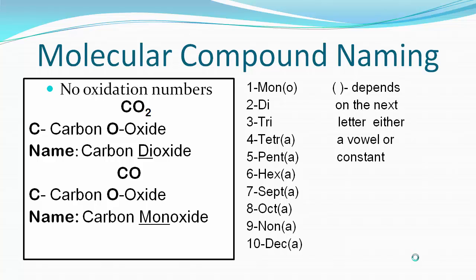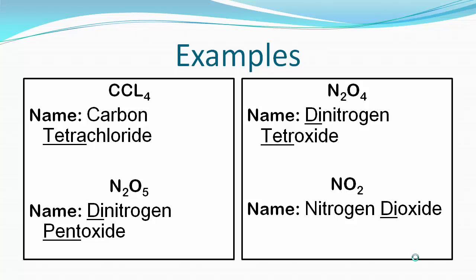So let's look at the other examples that we already did, and we see that di is just not touched, so that's just di. But if we look at mon, it's just mon, because oxide already has an O, and O's a vowel, so the a is not needed. We'll see this further when we look at CCl4, carbon tetrachloride.